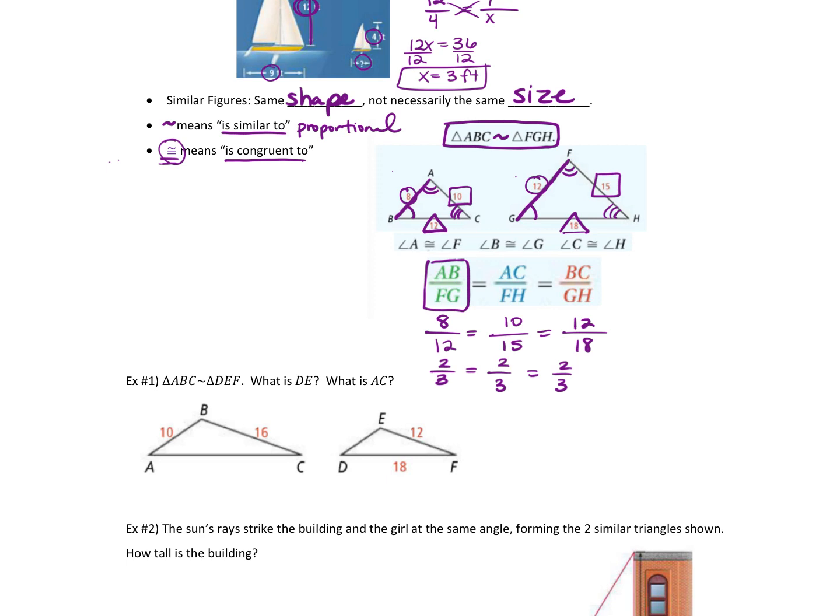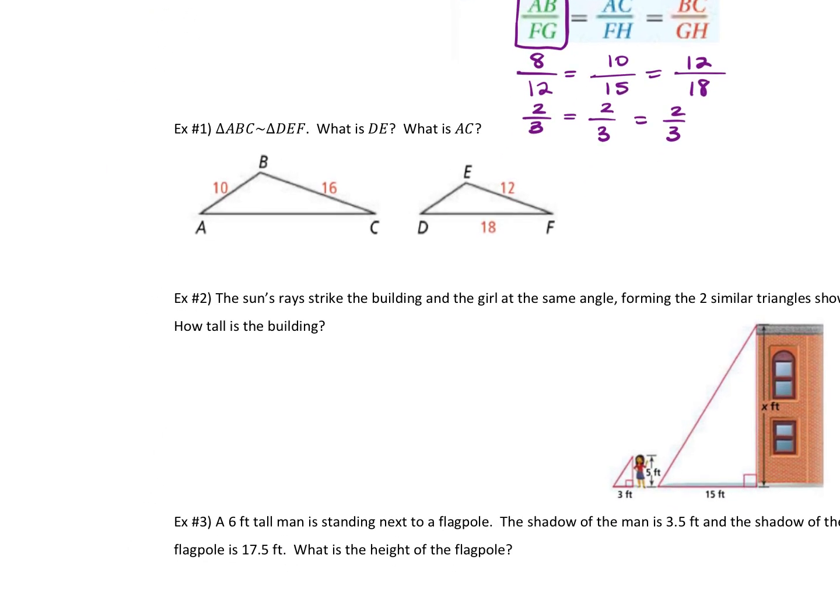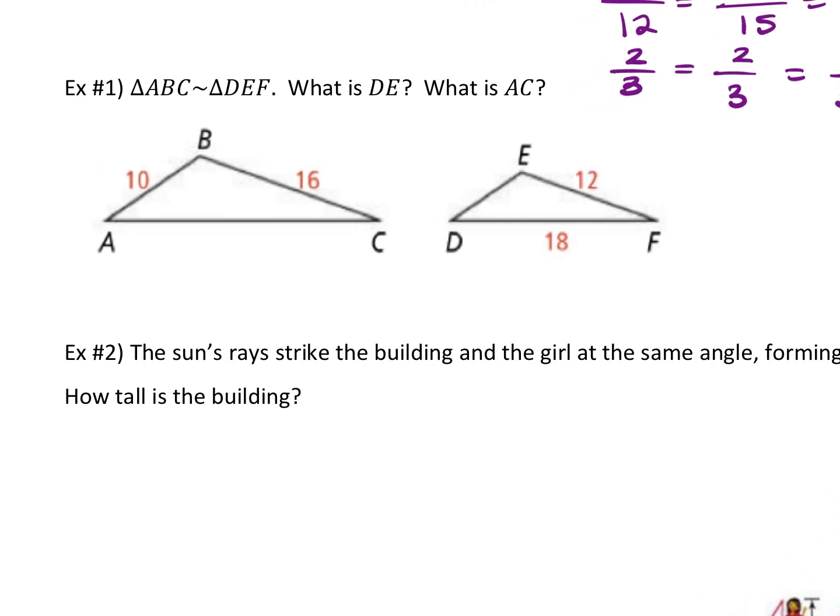Okay? So take a look at these two triangles. It says triangle ABC is similar to triangle DEF, and it matters the order they give it to you in. So A to B to C. That means A corresponds to D, right?